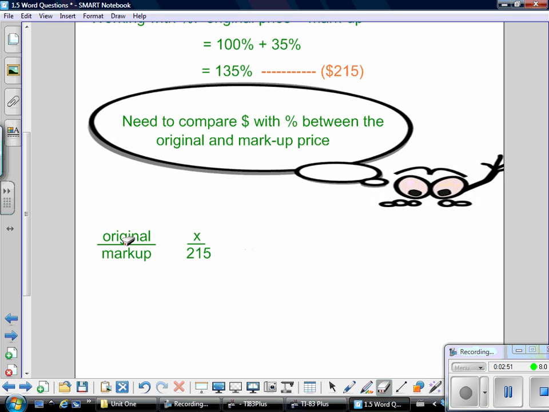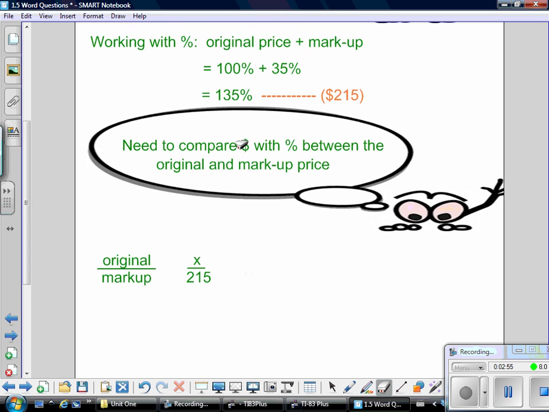The original, remember, was the 100%, and our markup percent was 135. We're just matching those up. So the original is 100%, and I want to find the original dollar amount. The markup cost was 215 in total, and I know that's 135%.